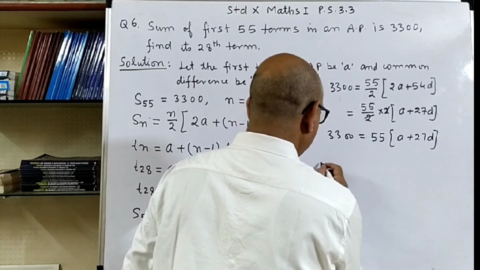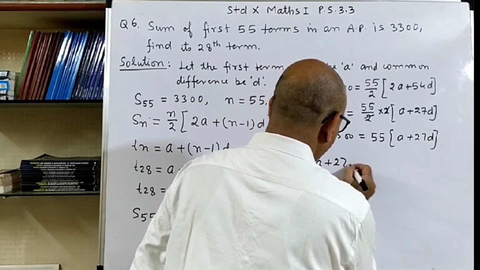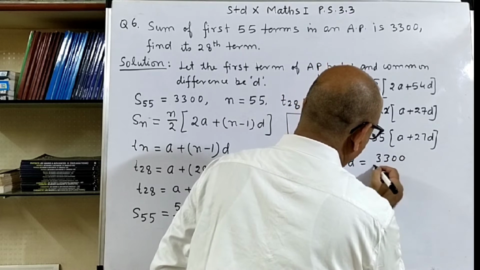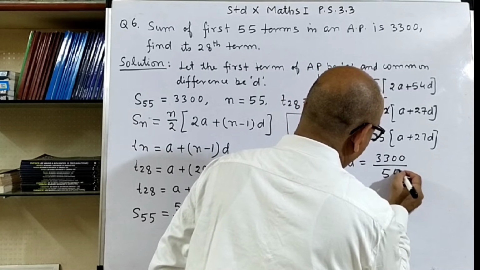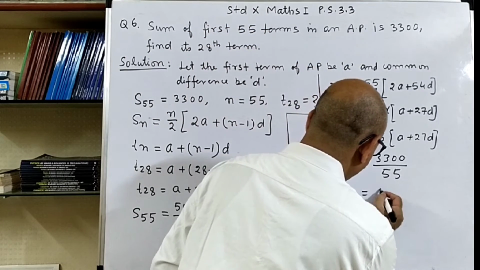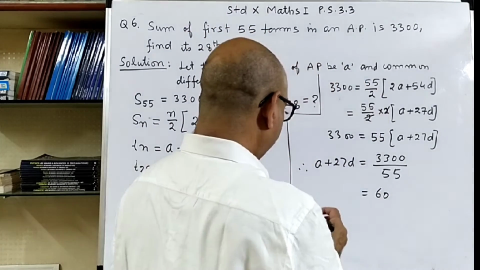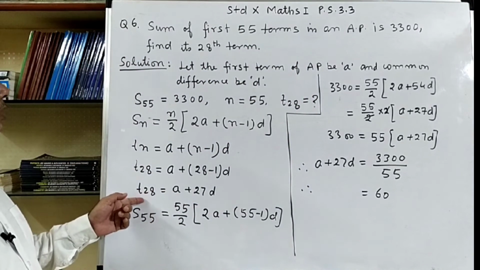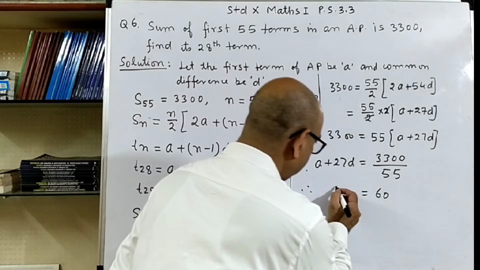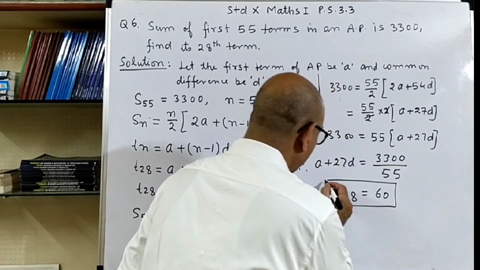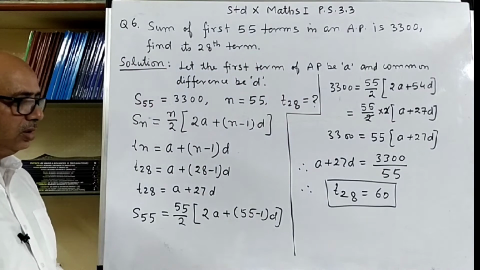And therefore a plus 27d is equal to 3300 divided by 55, and this is equal to 60. Therefore, a plus 27d is equal to T28. That means the value of the 28th term is 60.